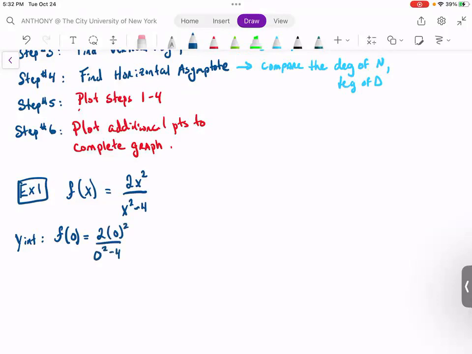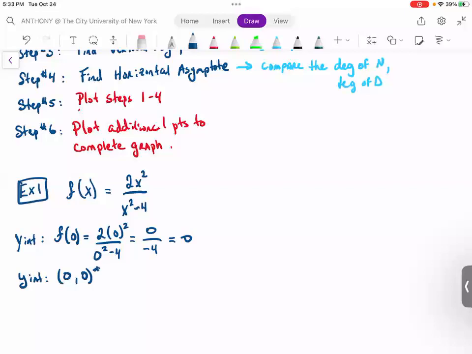What's 0 squared times 2? 0. Now, 0 squared minus 4 is negative 4. However, if you do 0 divided by negative 4, what do you get? Now you get 0. So my y-intercept as an ordered pair is just simply 0, 0.